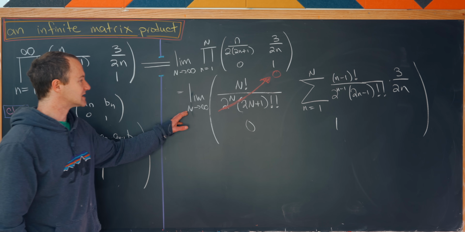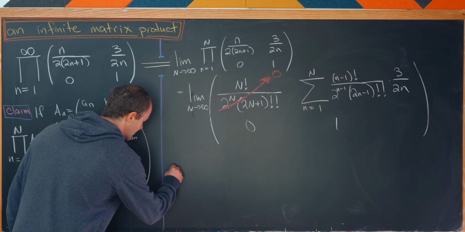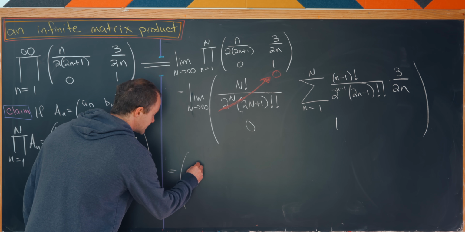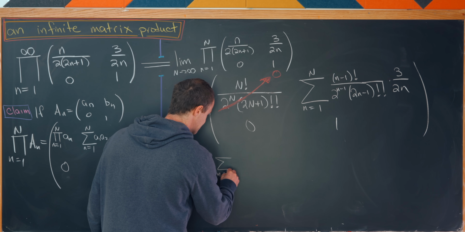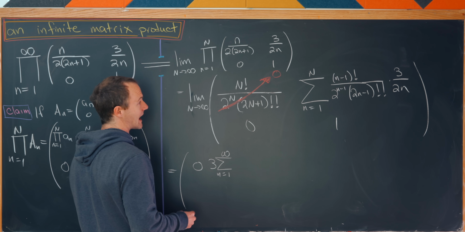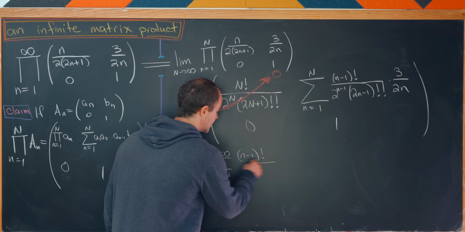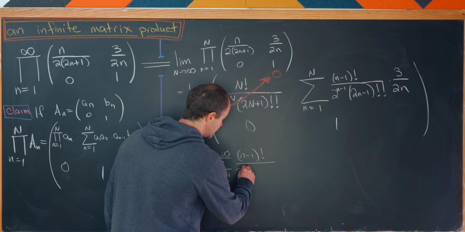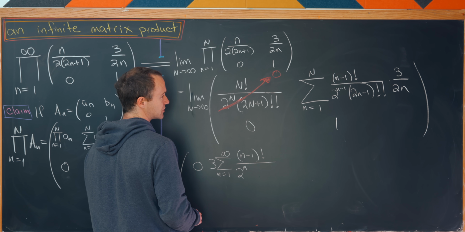And then bringing this limit into the second term, we'll turn that finite sum into an infinite sum. So we'll have something like this. 0 goes here, and then here we'll have the sum as n goes from 1 to infinity. Maybe I'll bring that 3 outside, and then I'll have n minus 1 factorial in the numerator. Sorry, I said denominator, but that n minus 1 factorial should be in the numerator.